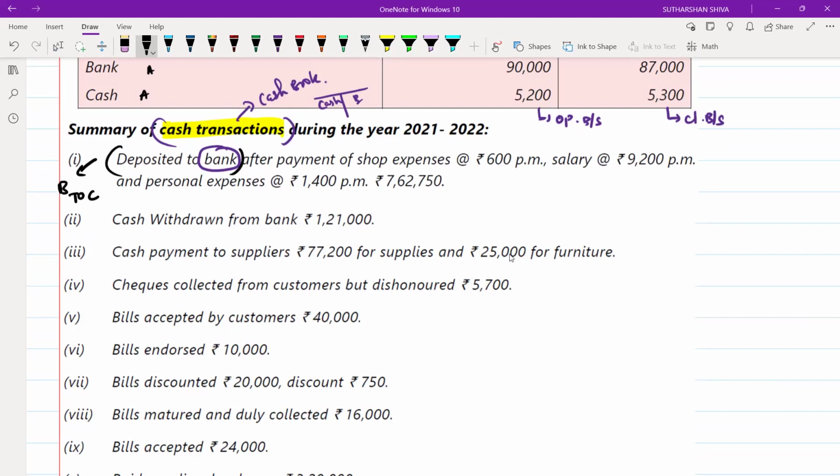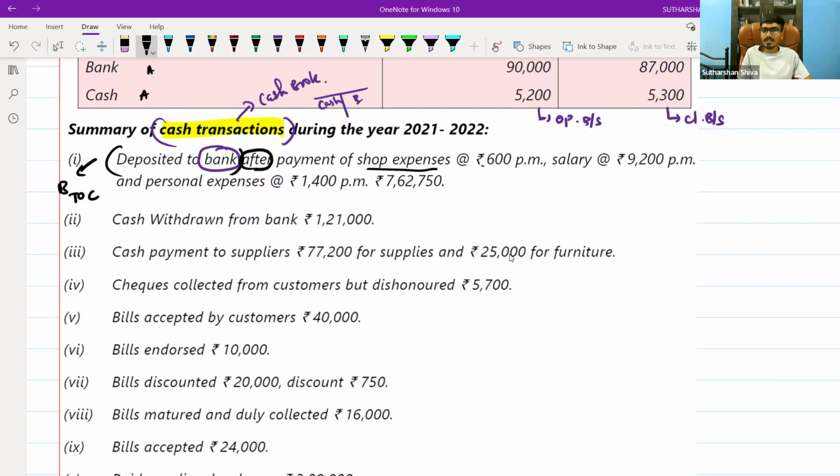Payment of shop expense 600 per month, salary 9,200 per month, and personal expense 1,400 per month. This personal expense should be treated as your drawings.